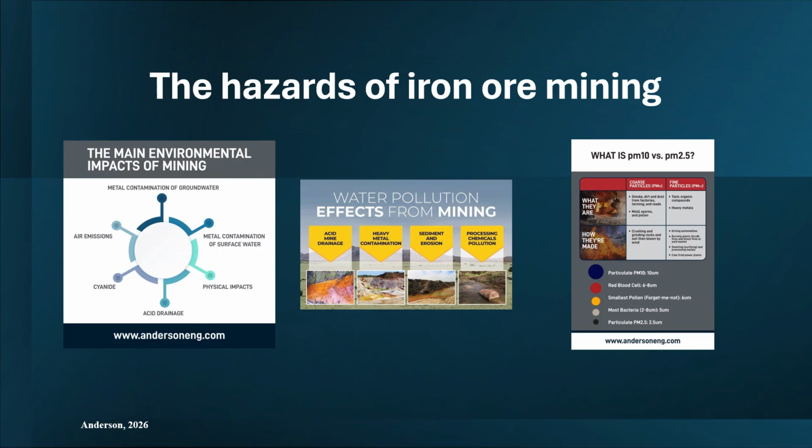Then once it is broken down completely and taken into a blast furnace, it releases some toxic gases such as carbon monoxide, carbon dioxide, and particulate matter less than 2.5 microns. And then it also produces slag, which is a waste product that may contain cyanide or sulfur from having to break down the iron from the ore.